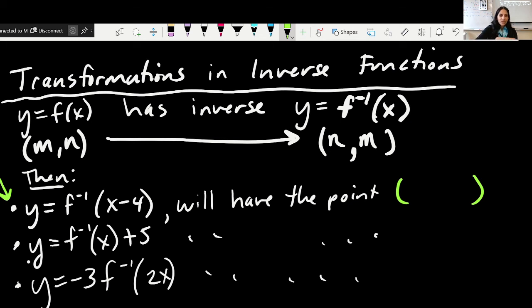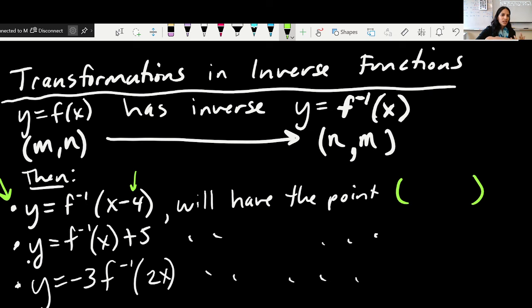If the point on the original was mn, and I want the inverse of x minus 4, first of all, is that minus 4 going to affect the x values or the y values? Just the x values, so the y value is going to be the same.